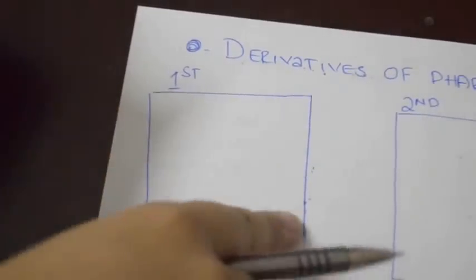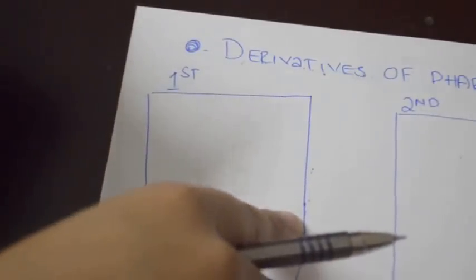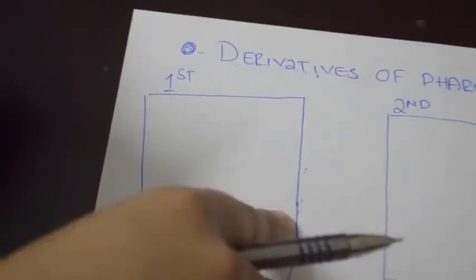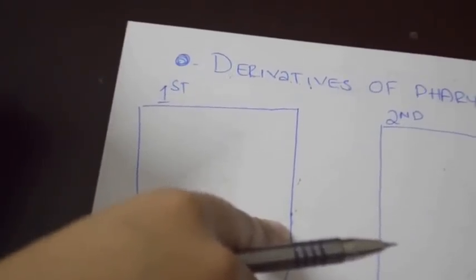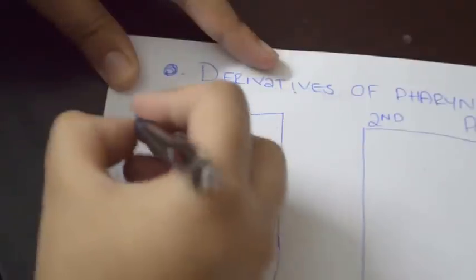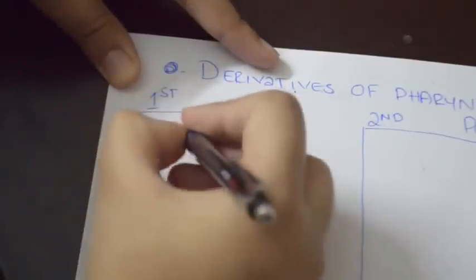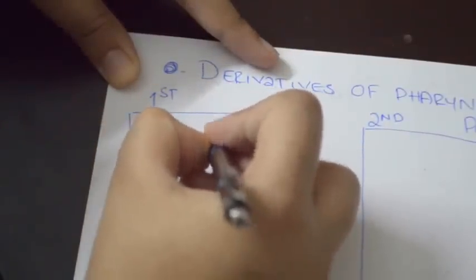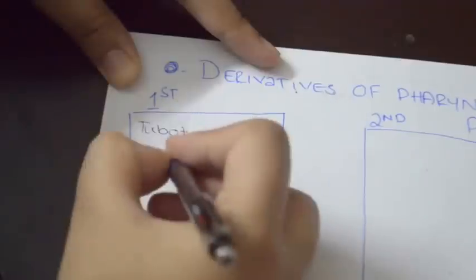The first pharyngeal pouch forms a diverticulum called the tubotympanic recess, and the proximal part of which develops into an auditory tube. So the first part will make the tubotympanic recess.